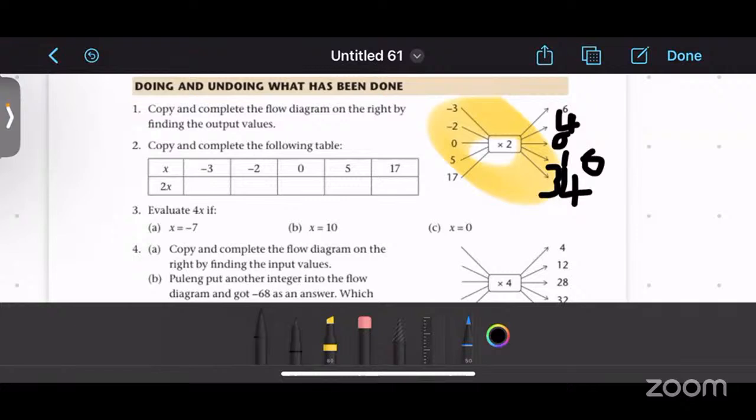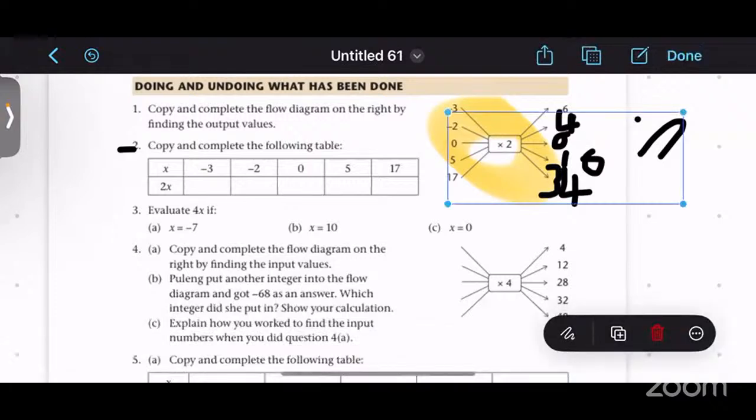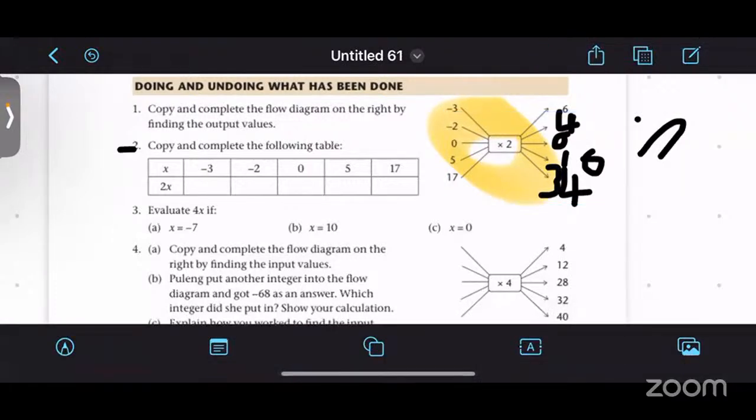And then let's go to number 2. They say copy and complete the following table. We actually did this one before. So we have x equal to -3, -2, 0, 5, and 7. It's going to be the very same thing because in the first one we were multiplying by 2, so we do the same thing here.